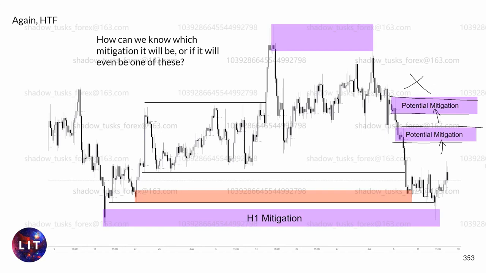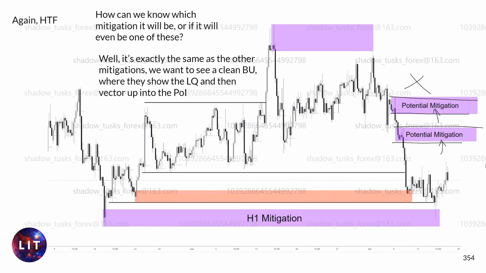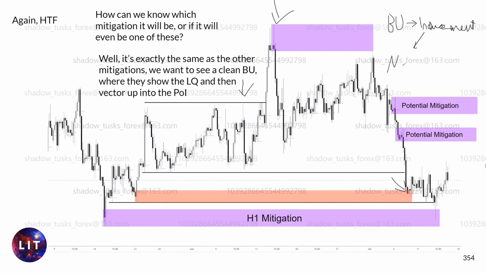Well, it's exactly the same as what happened over here and here, right? What do we need to see first? We need to see a build up. Then you want to see an inducement. And then ideally, you want a mitigation.